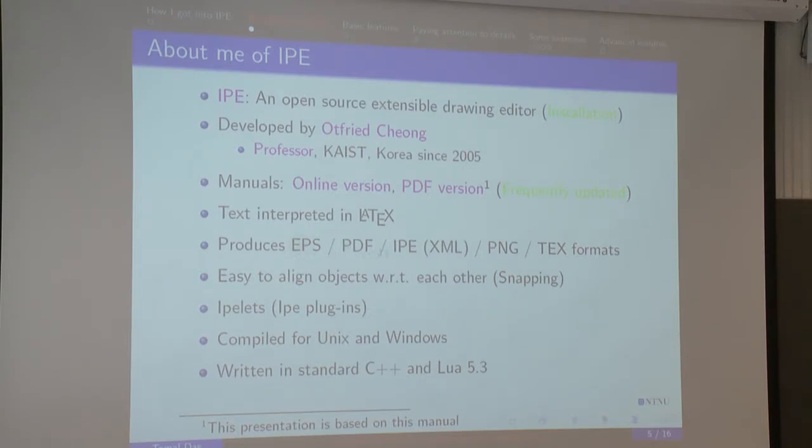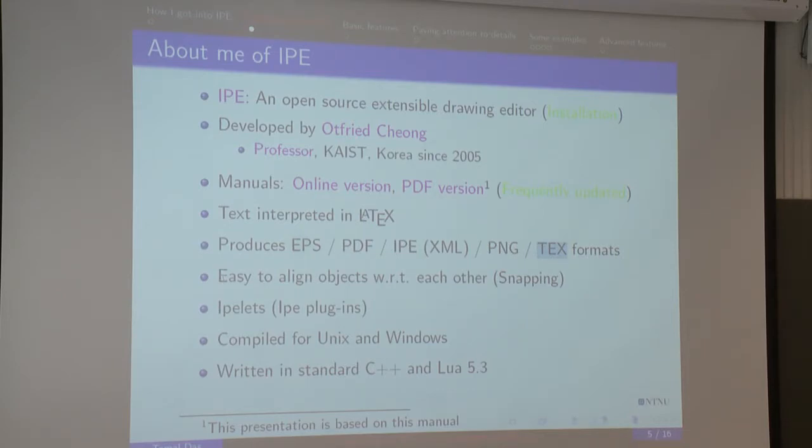It can produce PDFs. It has its own format called IPE, which is an XML format. It can also produce PNG. And the nice thing is that you can export even the figures that you make in IPE into TikZ files, which come out in a text format, and that will include a TikZ document.